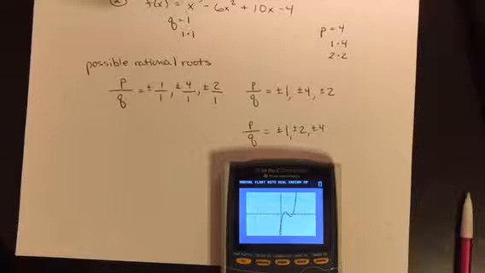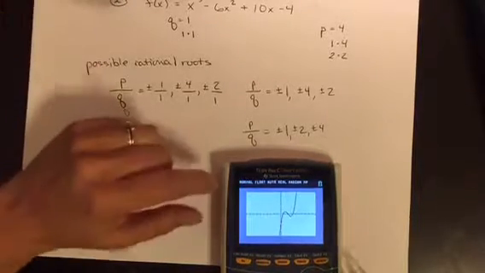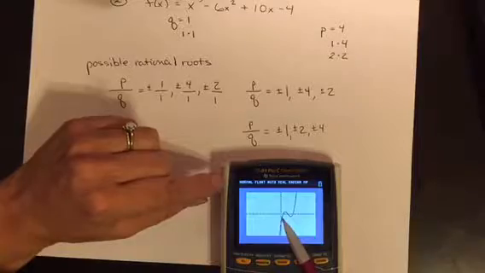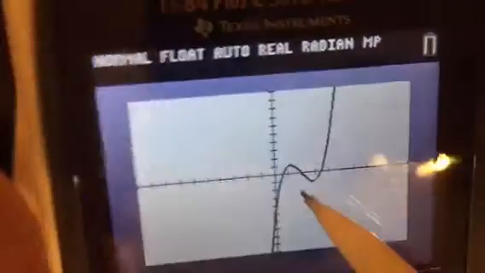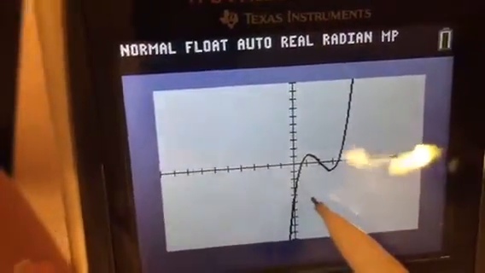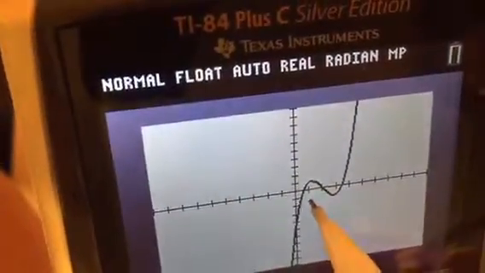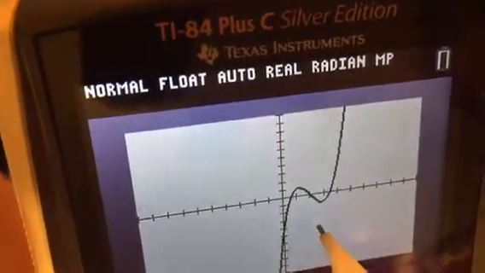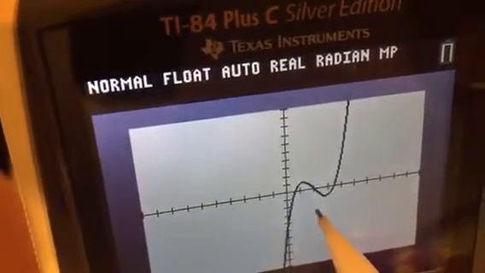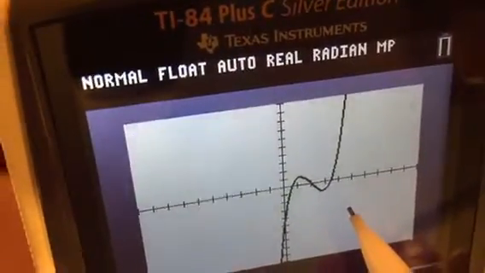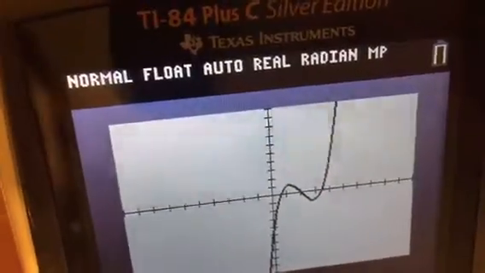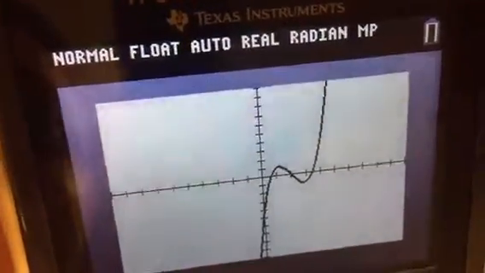So when I'm looking at it, I have a number here that definitely is not a 1, 2, or 4. I have a number here that looks like a 2, and I have a number here that is definitely not a 1, 2, or 4. So again, if it's not a 1, 2, or 4, either positive or negative, it is not a rational root.